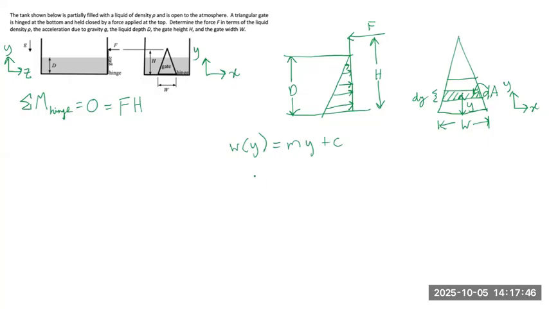Now we still have to find m, which is the slope. So we will use wy minus wh over 0 minus h.